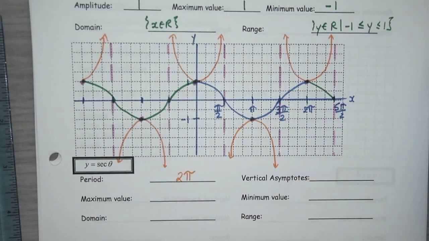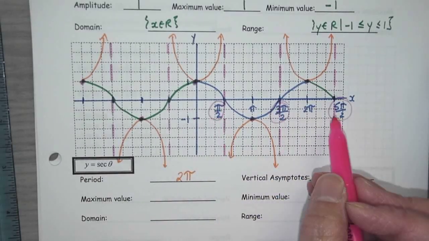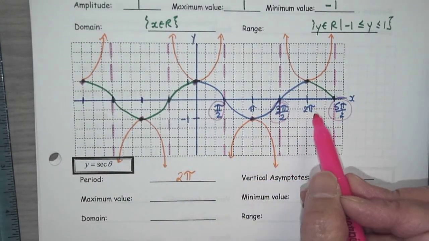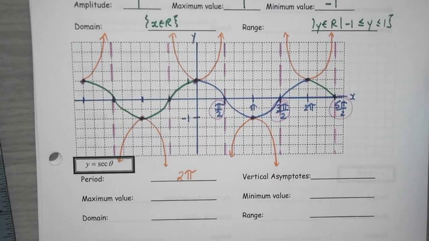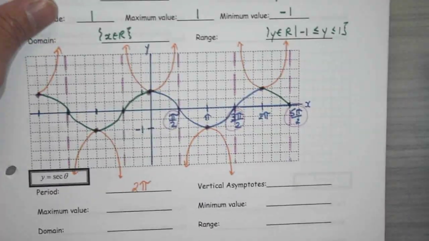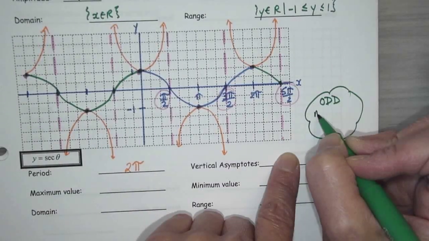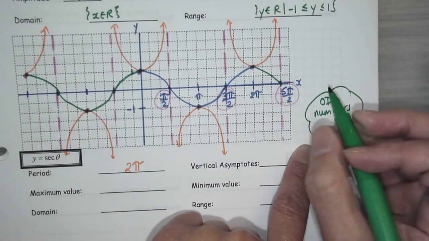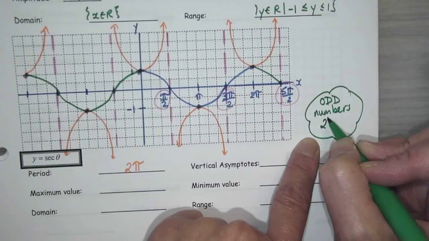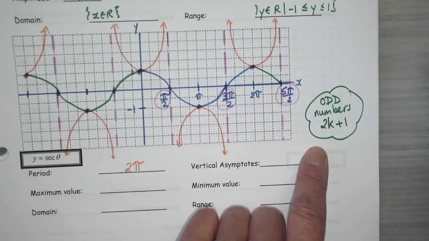What do we notice about that pattern? These numbers on top are odd numbers. Not the 2 over 2, not the 4 over 2. The way that we asked you to write odd numbers, and I know because I just taught this to my grade 11's in the other chapter, is 2k plus 1.